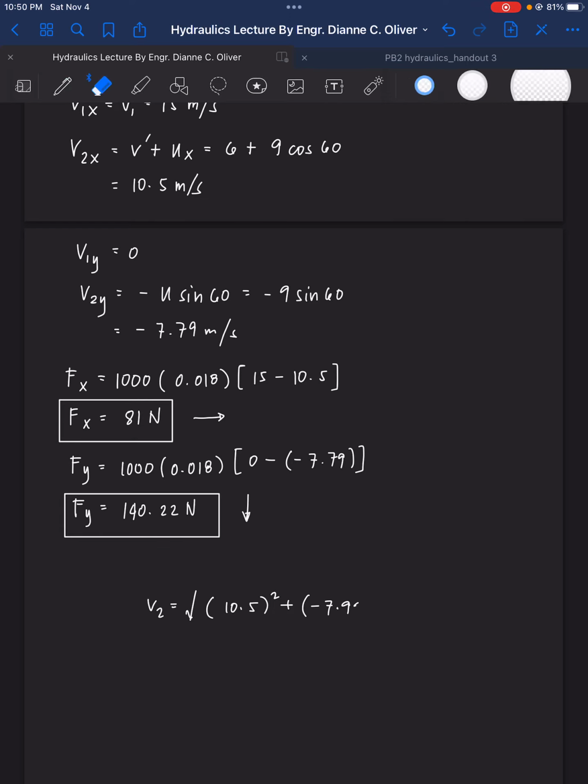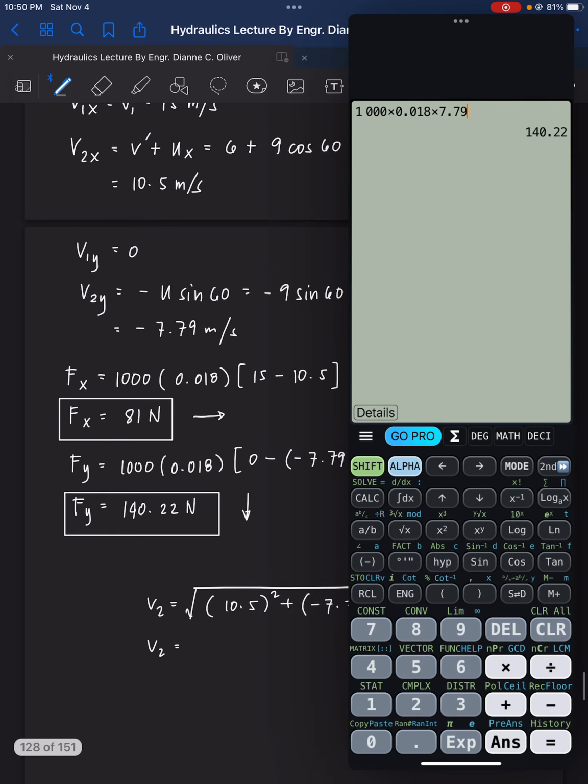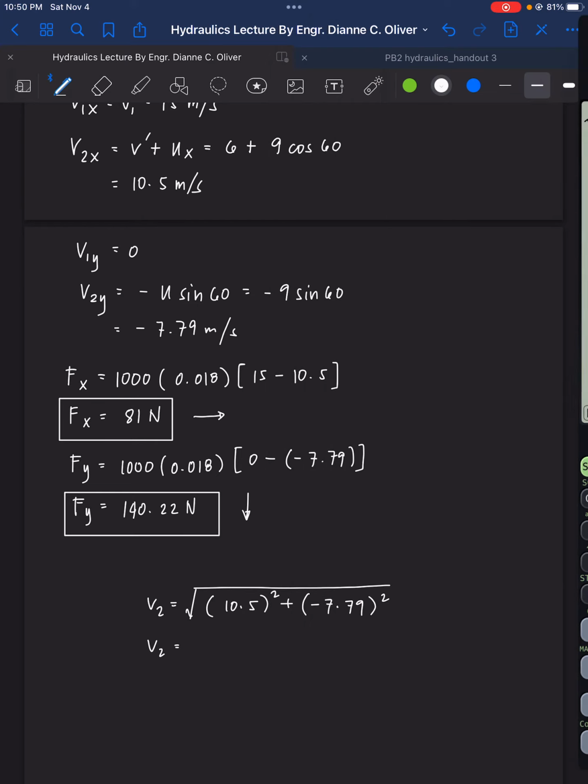So it should be 7.79 squared. So V2 is now equal to the square root of 10.5 squared plus 7.79 squared, which is 13.07 meter per second.